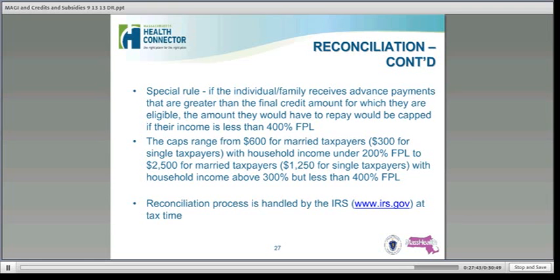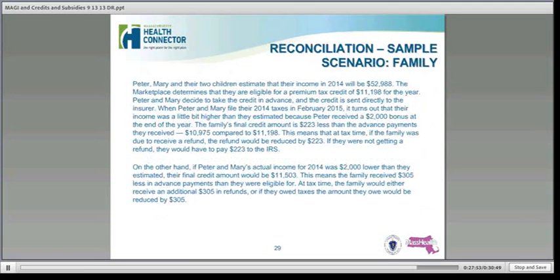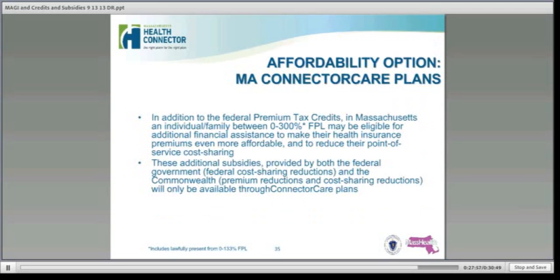We're going to estimate the amount of the premium tax credit that they're eligible for based on projected income. After the person shops for QHP, they'll have an opportunity to decide whether to take the full amount or portion or none of it.